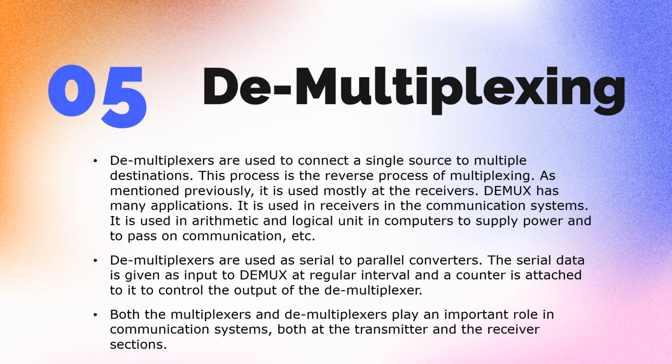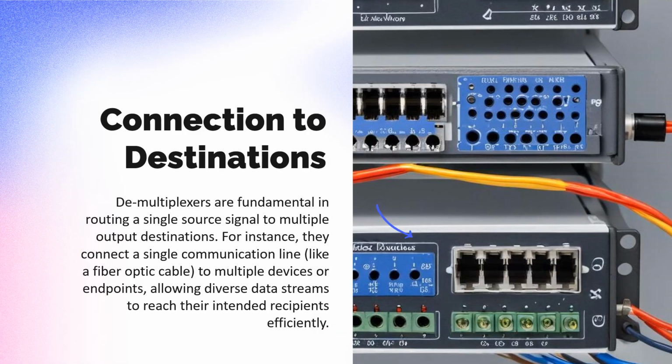Both the multiplexer and demultiplexer play an important role in the communication system, both at the transmitter and the receiver section. So here we can see the topic connection to destinations. Demultiplexers are fundamental in routing a single source signal to multiple output destinations. For instance, they connect a single communication line like a fiber optic cable to multiple devices or endpoints, allowing diverse data streams to reach their intended recipients efficiently.